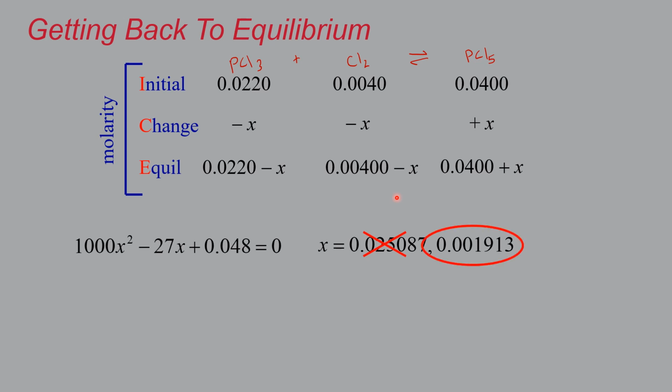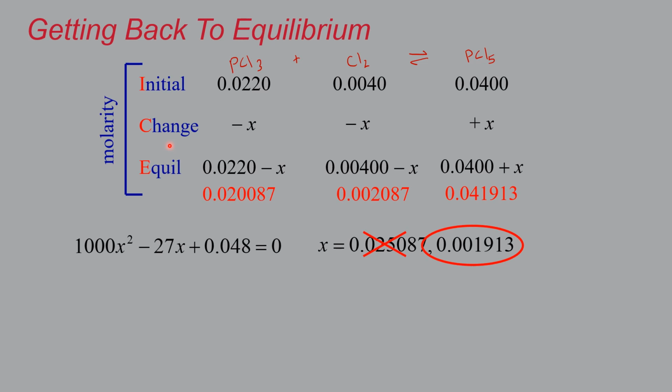And this is the one that you want to use. You can double check, but this one will return positive concentrations for each component here. And if you do that, you get these new concentrations right here. So again, we've dropped a little bit of PCl3, we've dropped a little bit of Cl2, and picked up a little bit of PCl5.